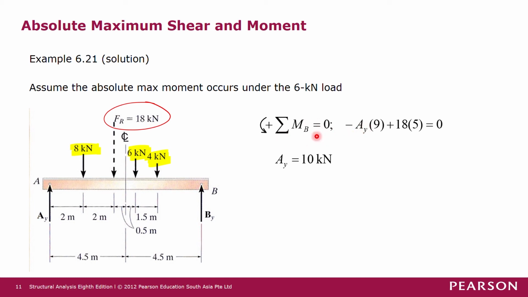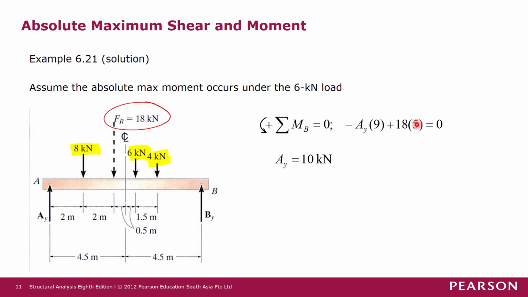So when we sum moment and take anti-clockwise as positive, then we have minus AY times 9, plus 18 times 5, because this is 4.5 and then this is 0.5. So the distance here is 5 meter.